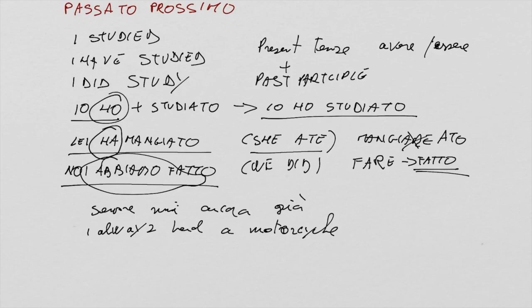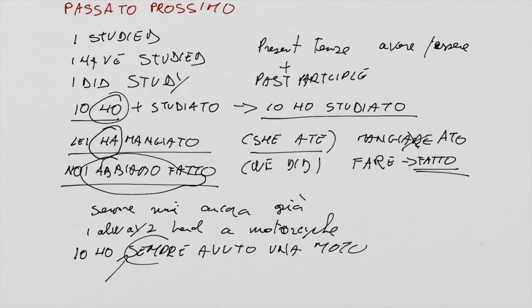I always had, so it is the verb avere, and the past participle of avere is avuto. So, io ho sempre avuto una moto. So you can place sempre in between ho and avuto.